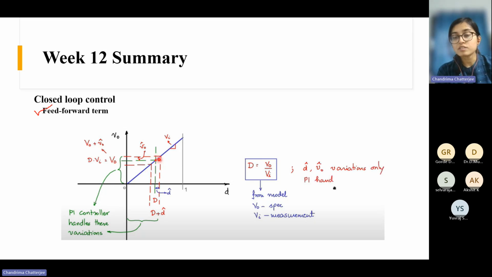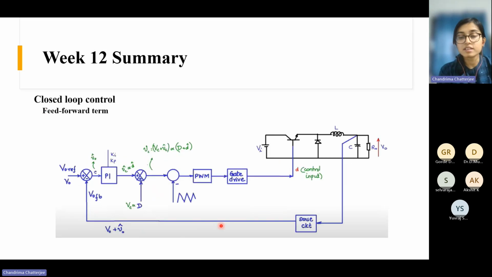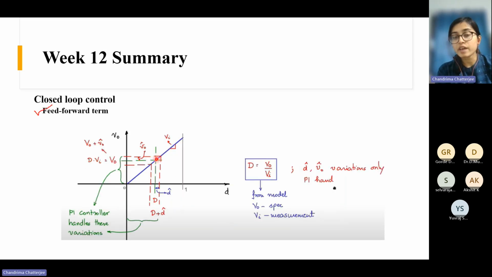Then the controller will have to do very little work. So what we will do is feed this steady state duty directly here as a positive feedback, because we will know from calculation what the steady state duty is, right?